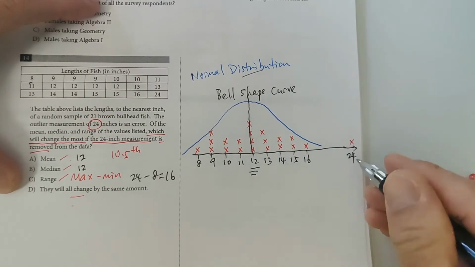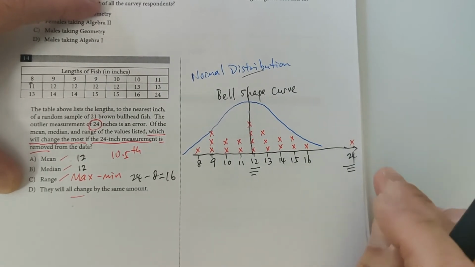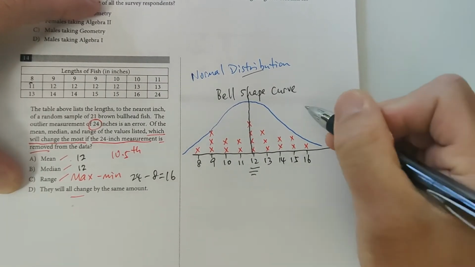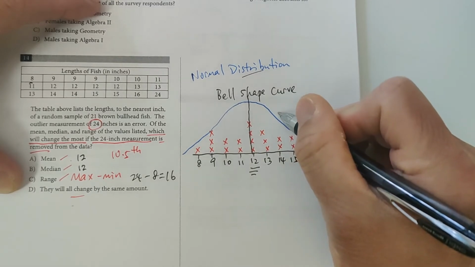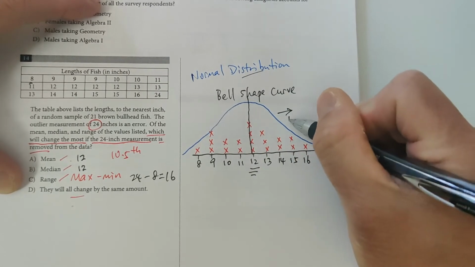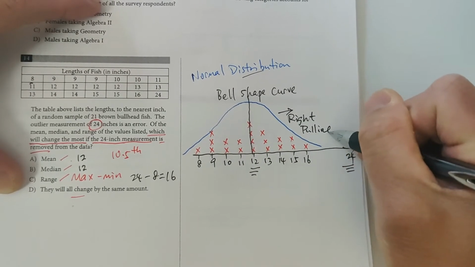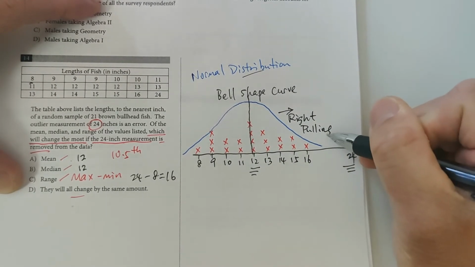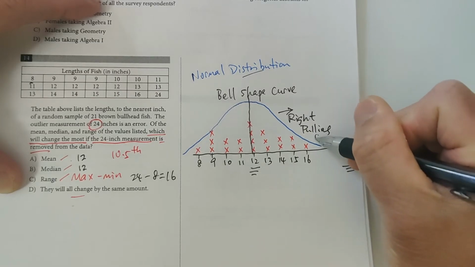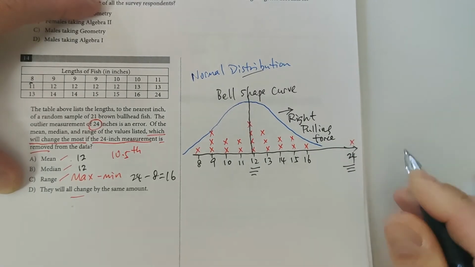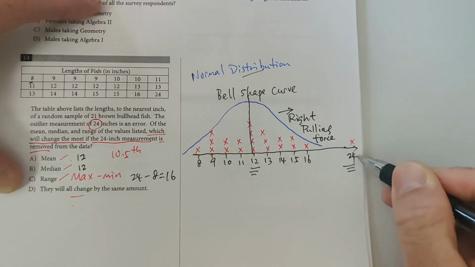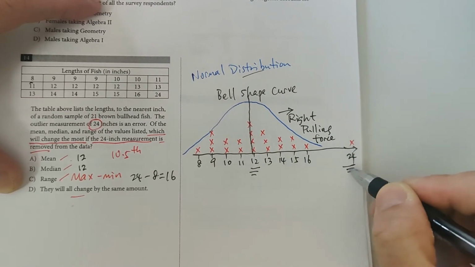Now if we put the 24 back, it's going to be a right pulling force. It will pull the mean and the median a little bit to the right. Why do I say a little bit? Because there's only one data that shows 24.